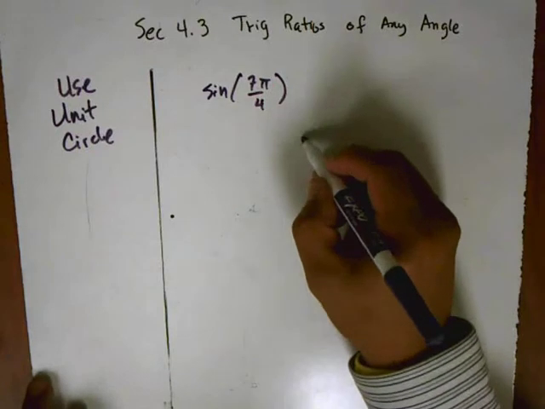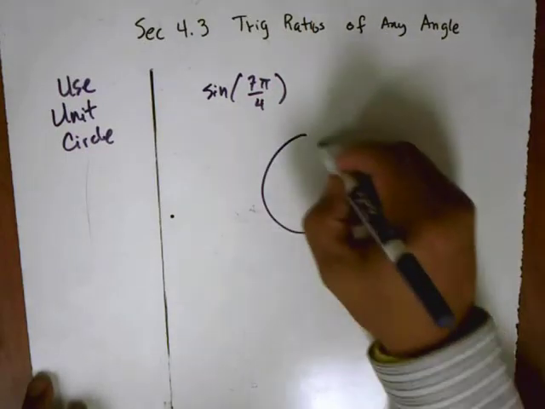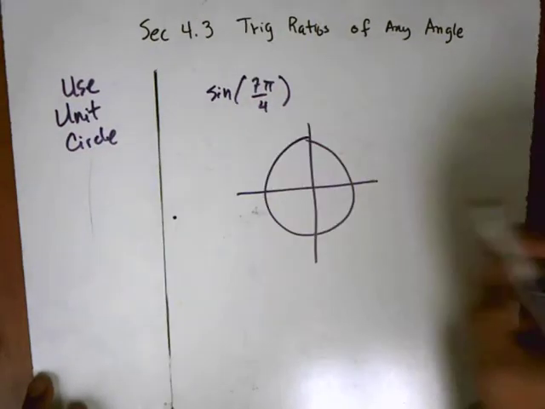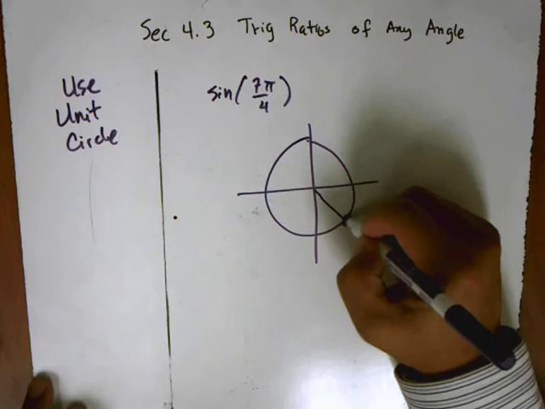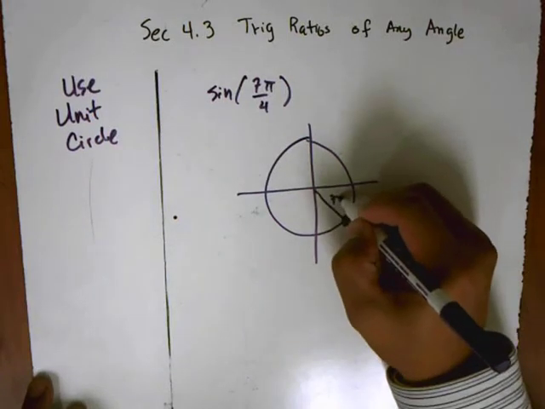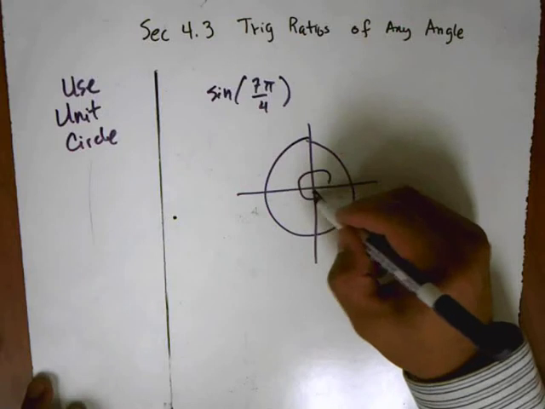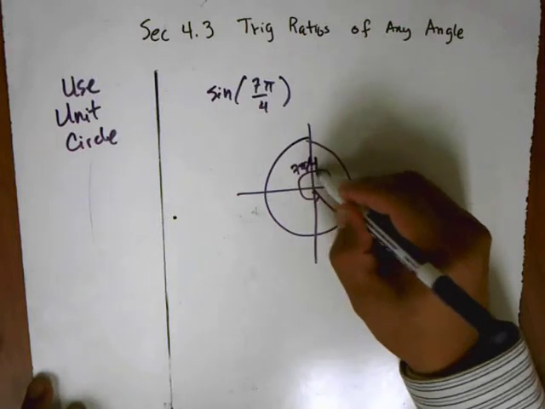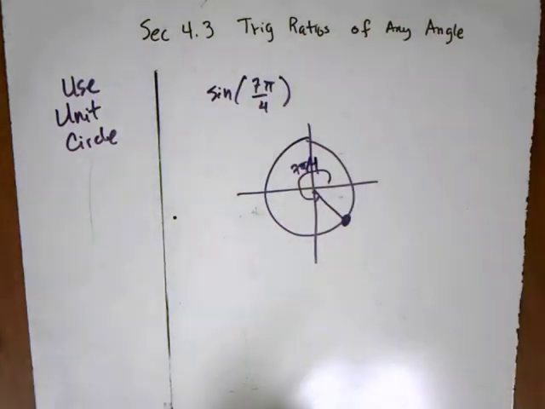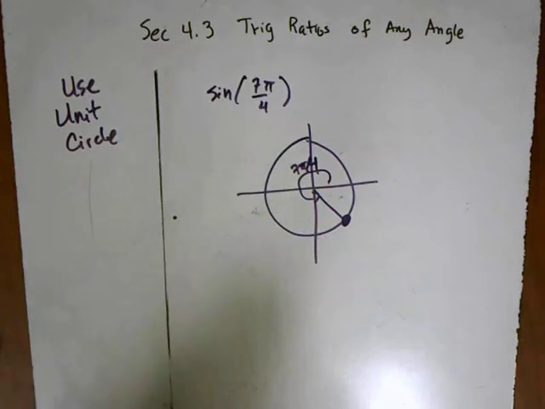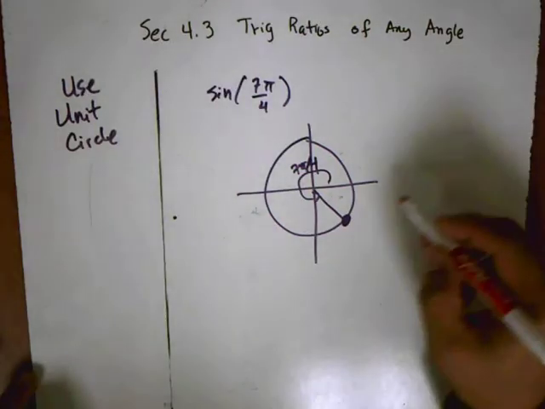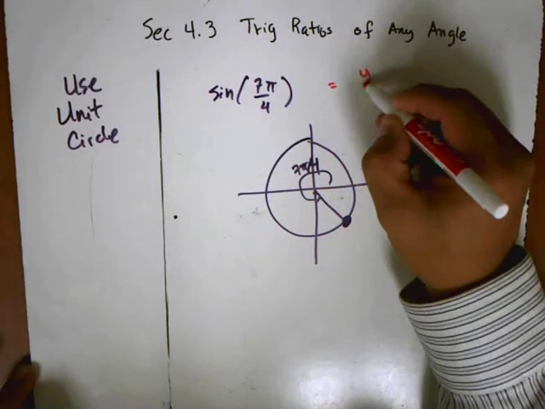So what I can do is draw my circle, and this is the unit circle. 7 pi over 4 leads you to this point right here. That's how much it's been rotated. If I wanted to find the sine of this, well, the sine is just y over r.